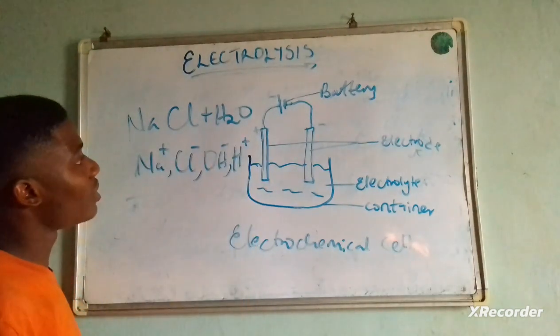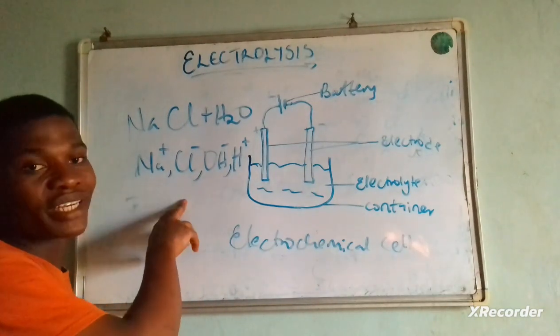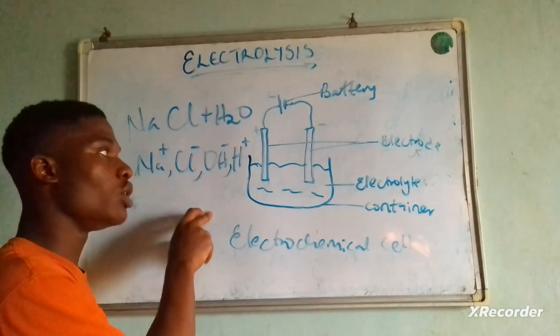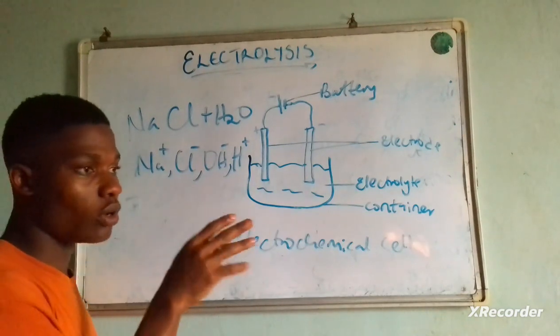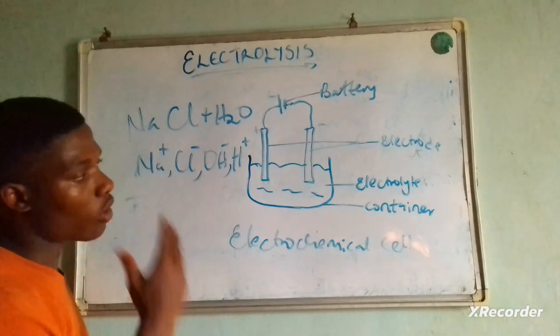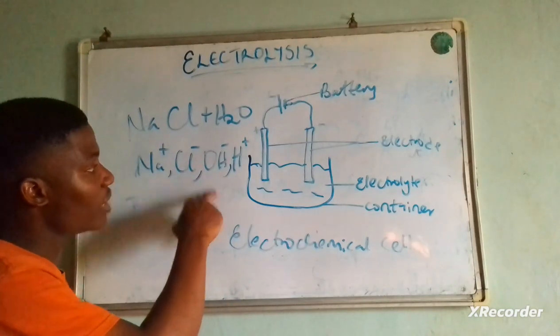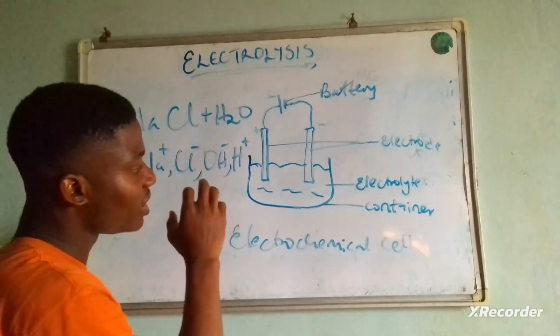This is what happens during ionization, or when a compound is mixed with water. Ionization is going to occur. We are going to have the ions of that compound: sodium ion, chloride ion, hydroxide ion, and hydrogen ion.